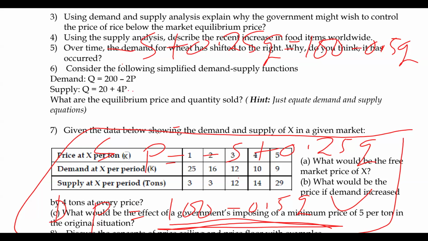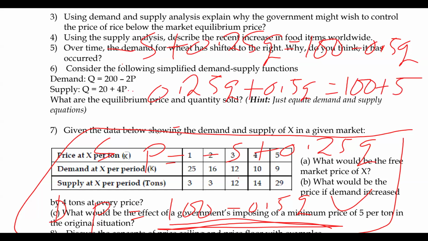So you could say 0.25Q plus 0.5Q is equal to 100. This negative becomes positive on the other side. So you shall have 105 equal to 0.75Q.